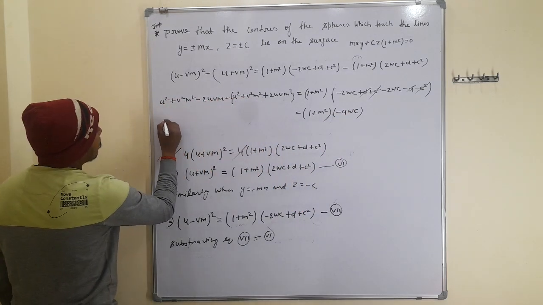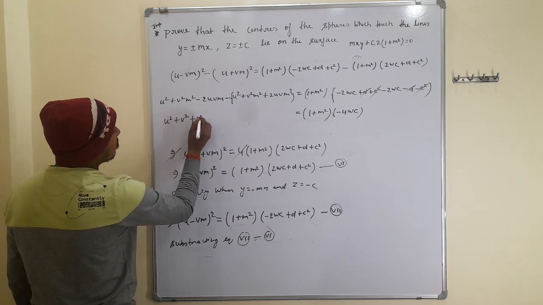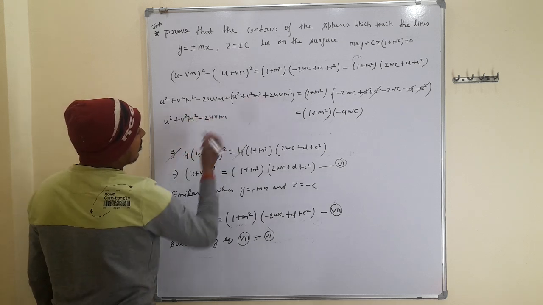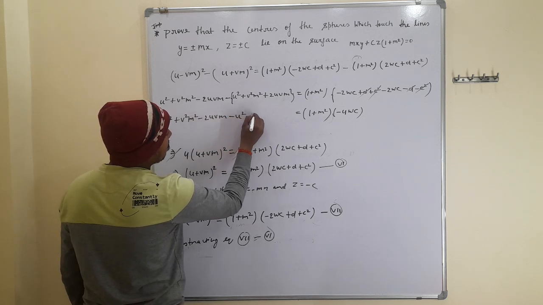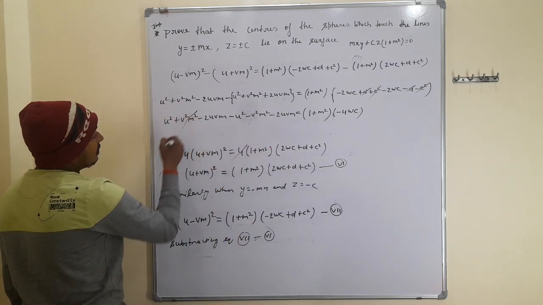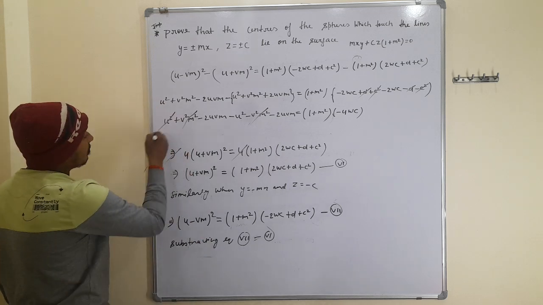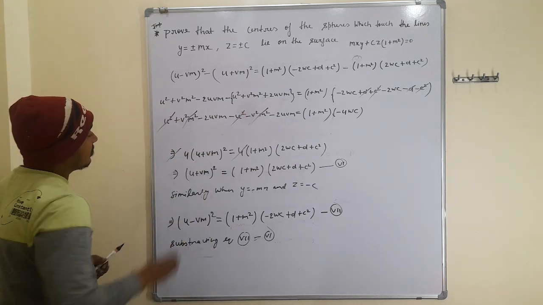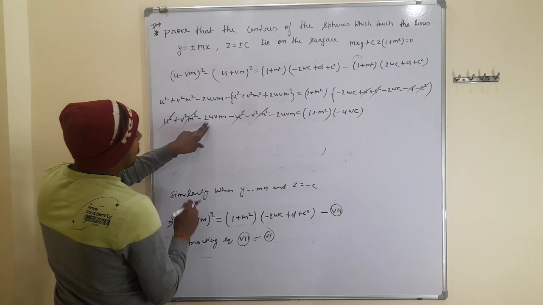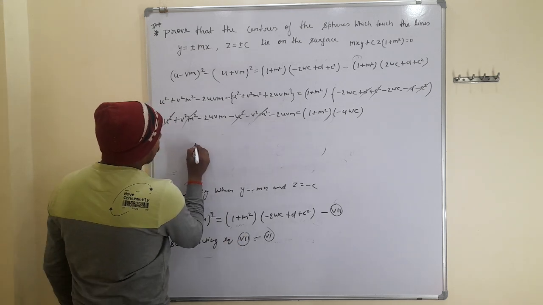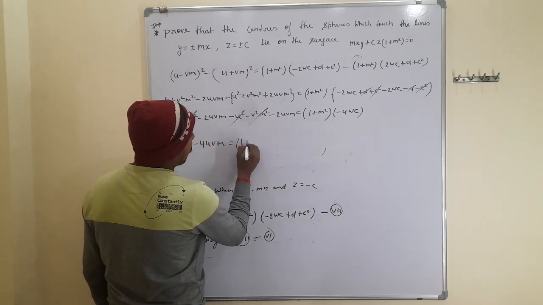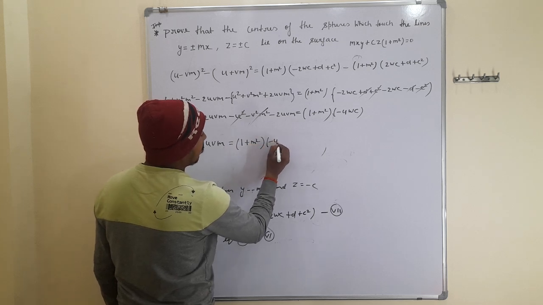From here, u square plus v square m square minus 2uvm, and minus taken into bracket, that is minus u square minus v square m square minus 2uvm, and from here plus v square m square and minus v square m square cancel out, plus u square and minus u square cancel out, and the remaining is minus 2uvm and minus 2uvm, that is minus 4uvm is equal to 1 plus m square and minus 4wc.